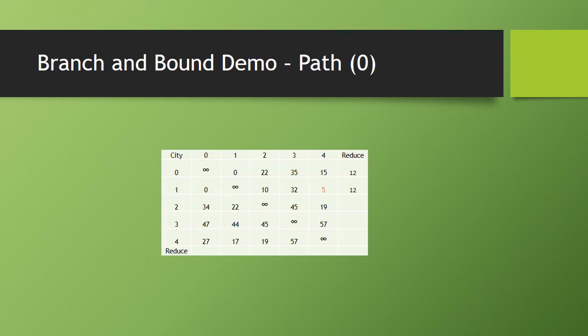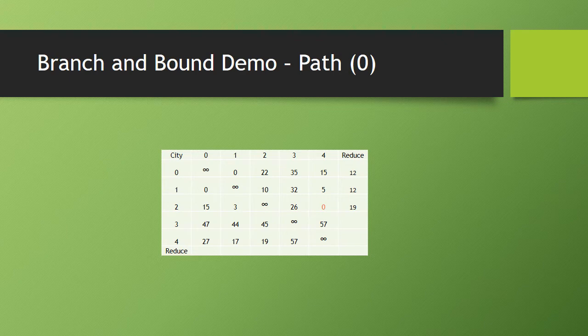No zeros, and our minimum value is 19. So we take 19 from 34, and we get 15. We take 19 from 22, that gives us 3. And then we take 19 from 45 for 26, and 19 from 19 is 0.